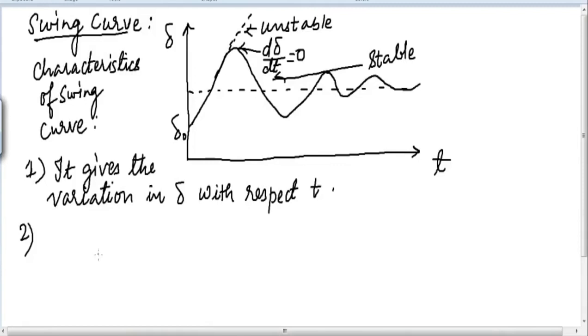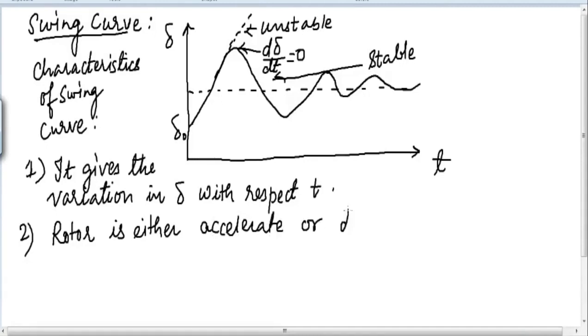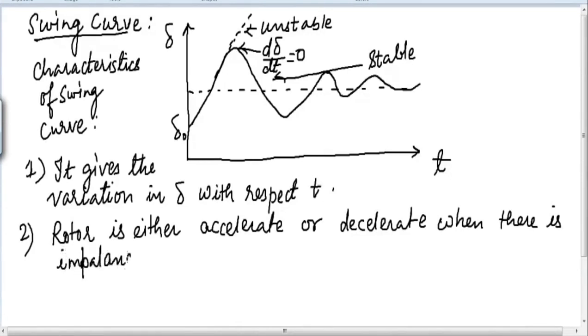So the swing equation will tell us whether the rotor is accelerating or decelerating when there is an imbalance in Pm and Pe.